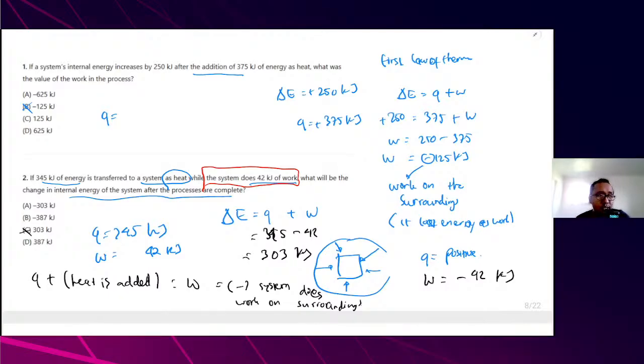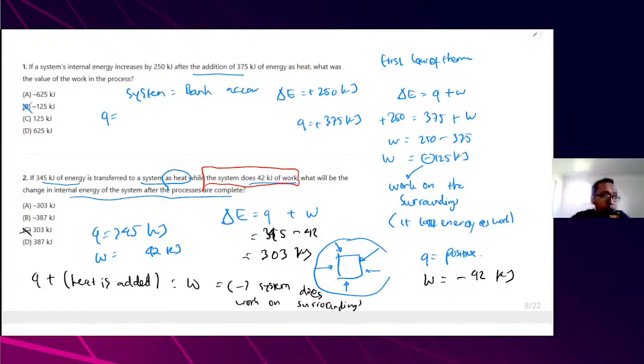If someone gives you money, your bank account will increase. So in thermodynamics, if heat is added to the system, remember, the system is your bank account.